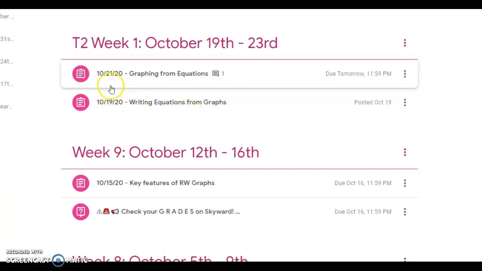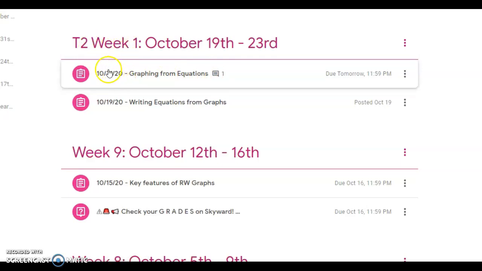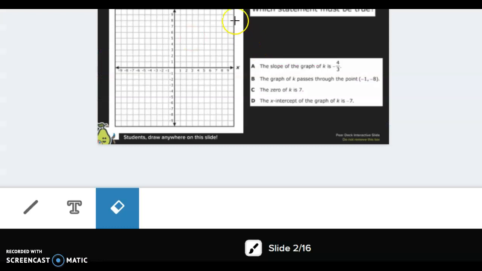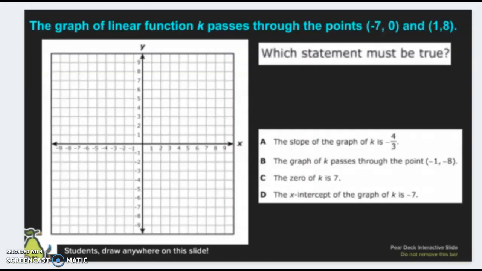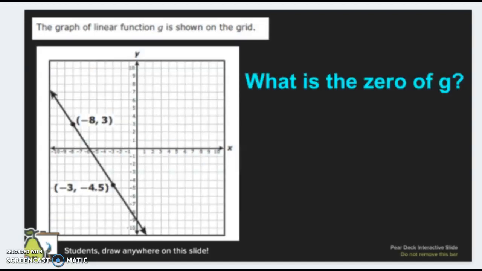Today's focus is graphing from equations. If you go to T2 week 1, click on today's date, 10/21, and click where it says sign in, it takes you to a Pear Deck. The first slide of your Pear Deck, actually the first 5 slides, slides 1, 2, 3, 4, and 5, relate to what we worked on last class, the topic of key features on a graph.